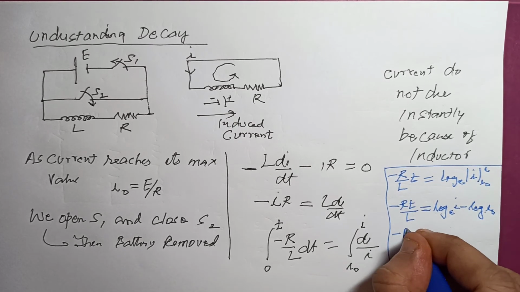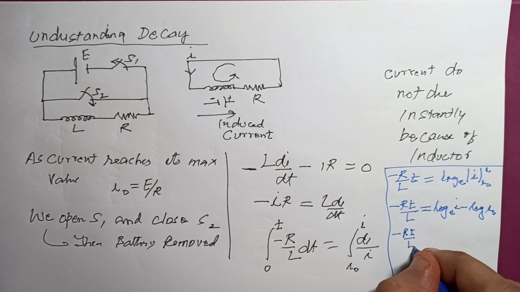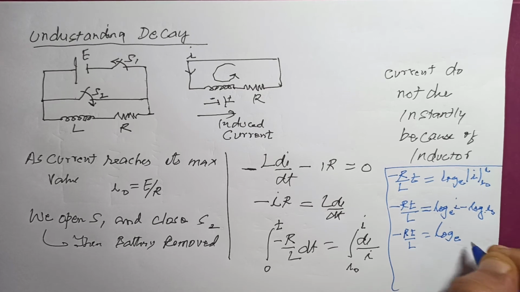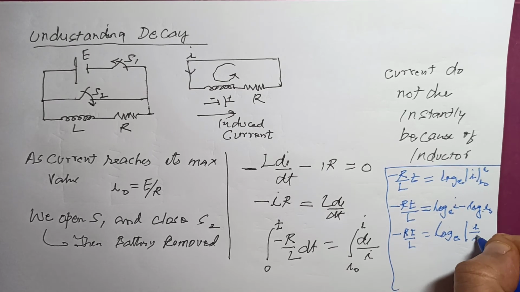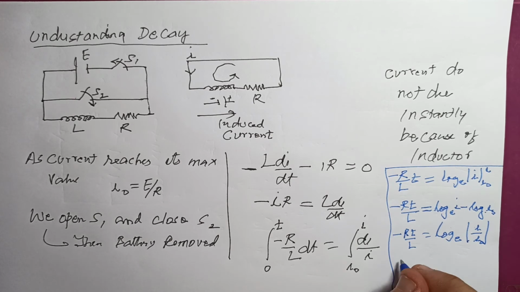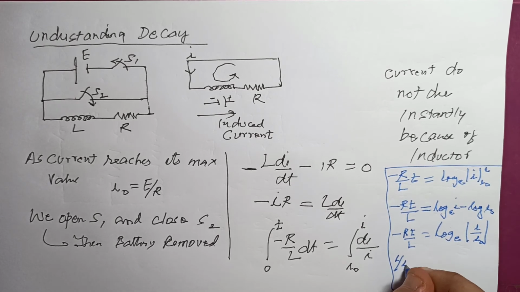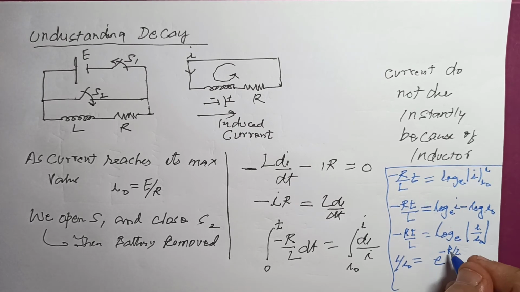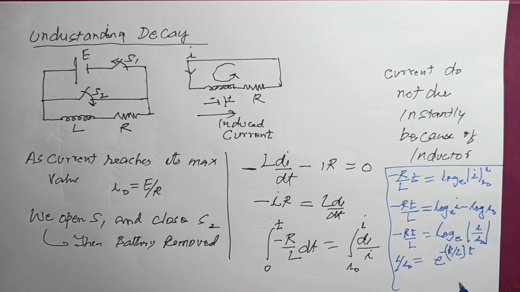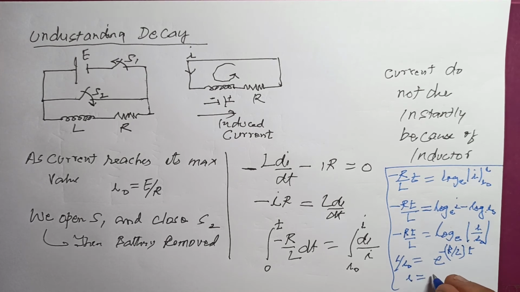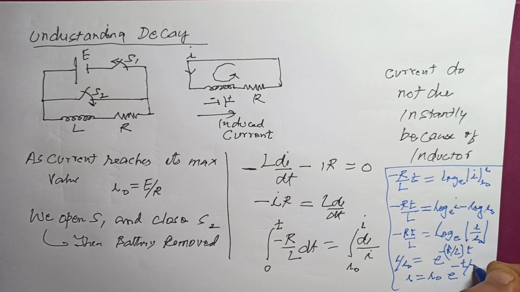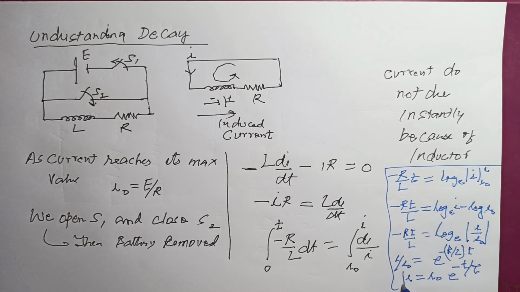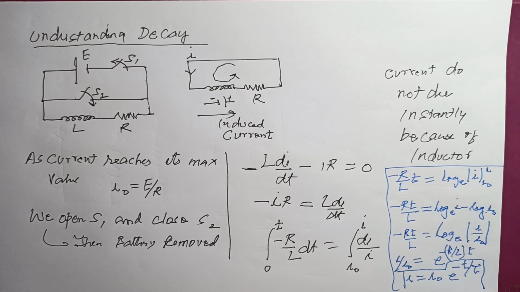Further, I can say RT by L is equal to log of I by I naught, or I can say I by I naught is equal to e to the power minus R by L into T. Further, if I simplify, I is equal to I naught e to the power minus t by tau, what we have studied earlier. So this is the final formula.